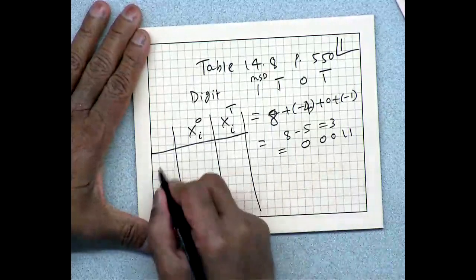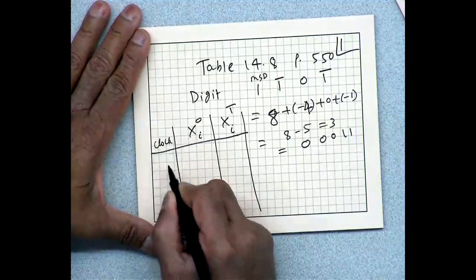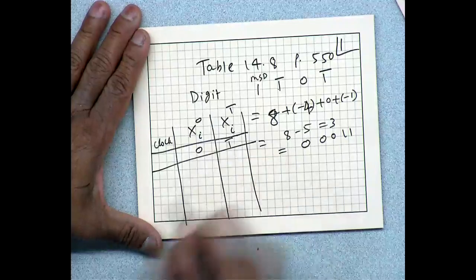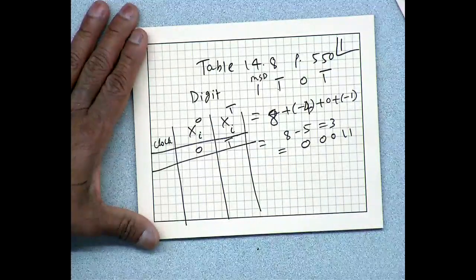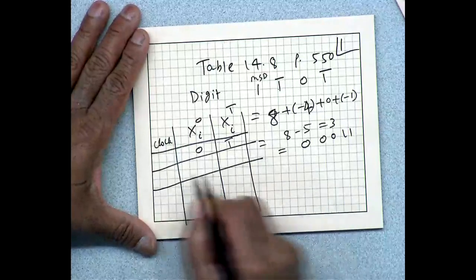So initially we initialize these. x_i 0 and x_i 1 bar are initialized to 0 and 1 bar.